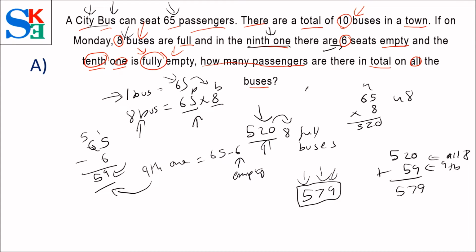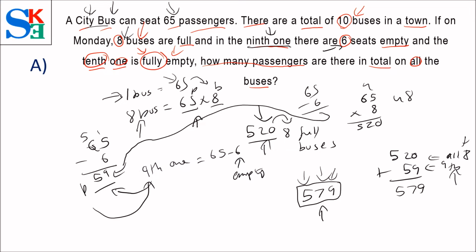So what do I need to do? 65 minus 6. And what did I get? I got 59. So that is the number of passengers on the 9th bus. So I just added them together to get the total of the 8 buses and the 9th one.